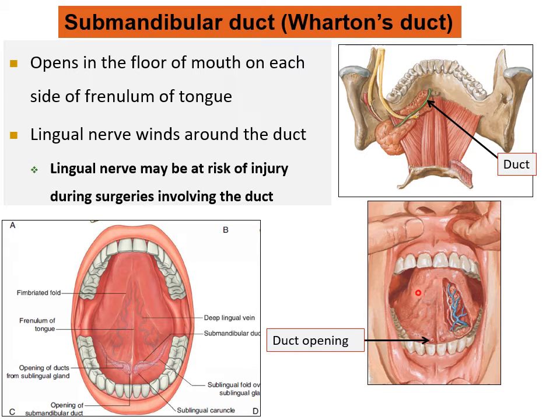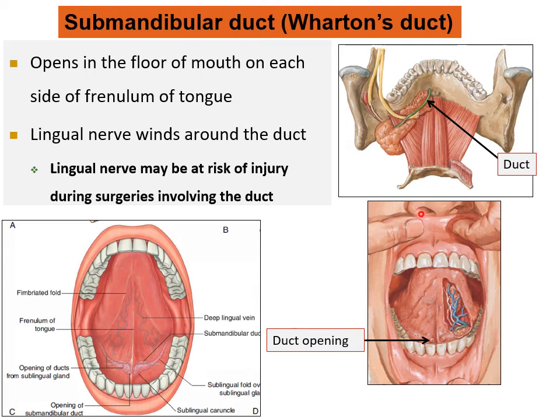In the mouth the tongue is connected to the floor of the mouth by a structure called the frenulum. You know it already. The opening of this duct is seen close to the frenulum, on either side. In the area where it opens, the mucous membrane shows an elevation called the sublingual papilla.